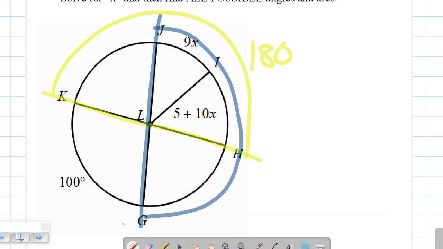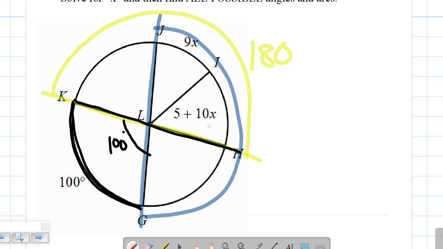So we have to start with our numbers right here. We're told that that's 100. Measure of a central angle to its arc, the same. So that's 100. Do me a favor, just trace KH and trace again JG.